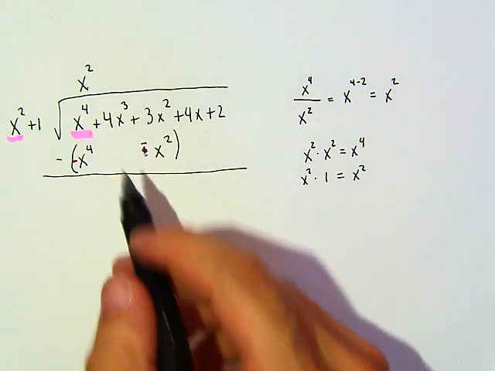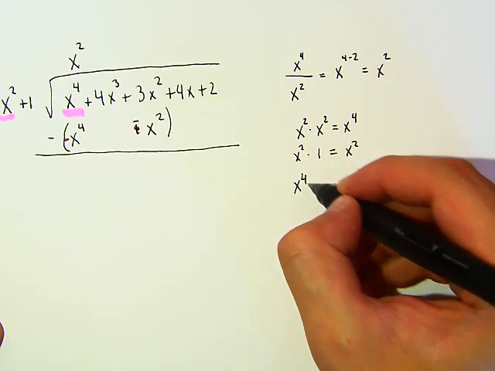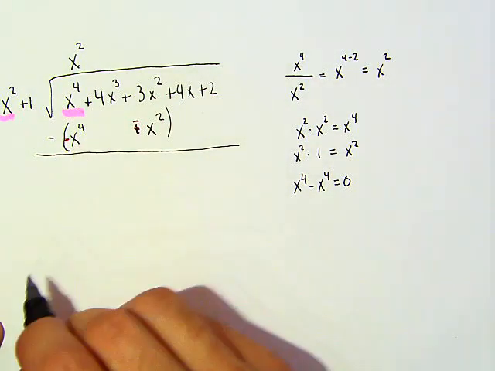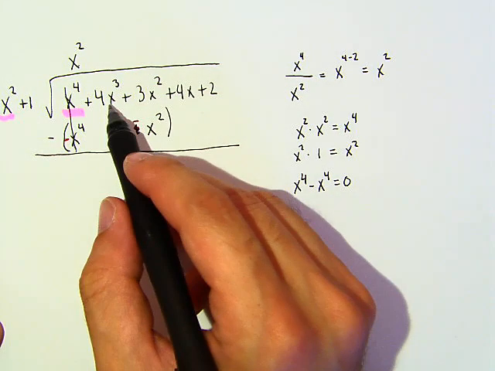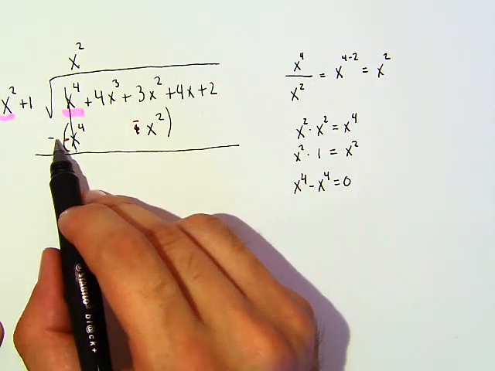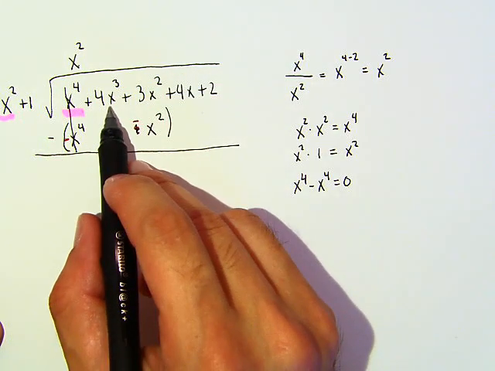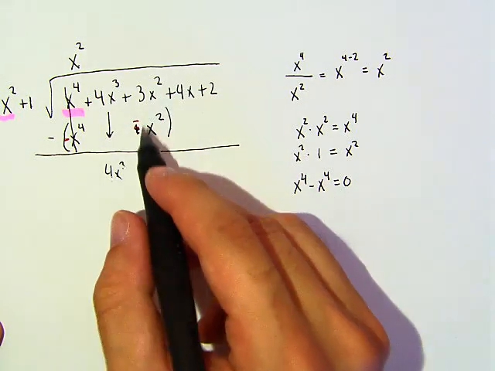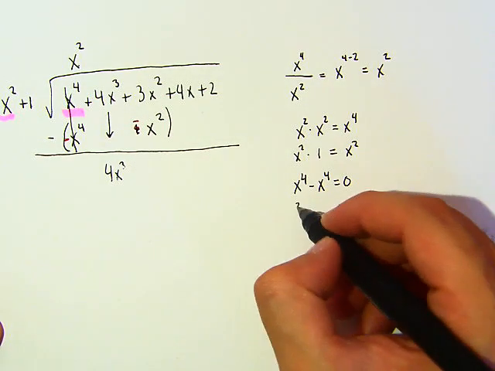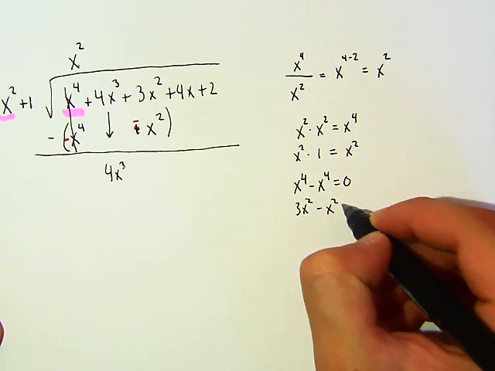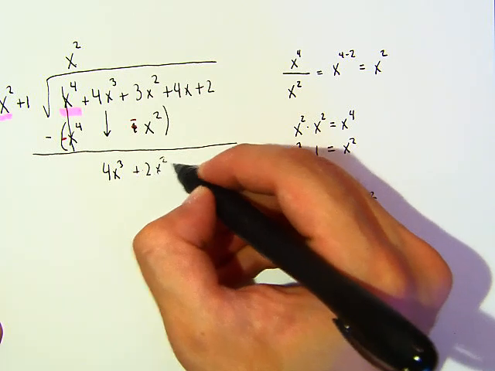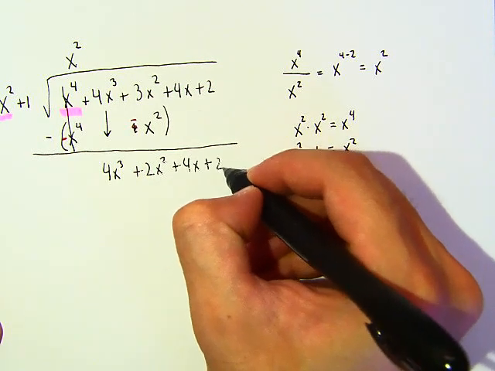Now here, you have x to the 4th minus x to the 4th is 0, okay? So this cancels. Now this negative does nothing to this. So instead, you have to bring it down, okay? Then this is 3x squared minus x squared. That's 2x squared. So I bring the 2x squared down, plus 4x plus 2.